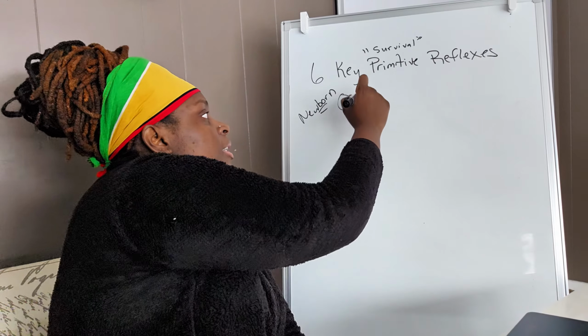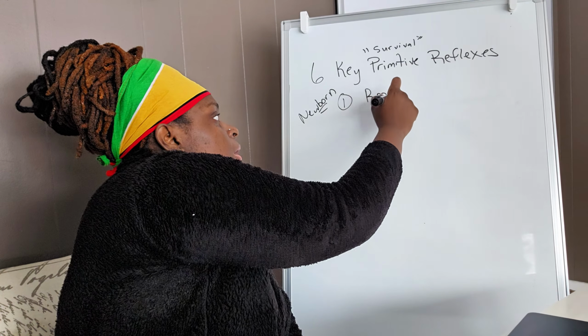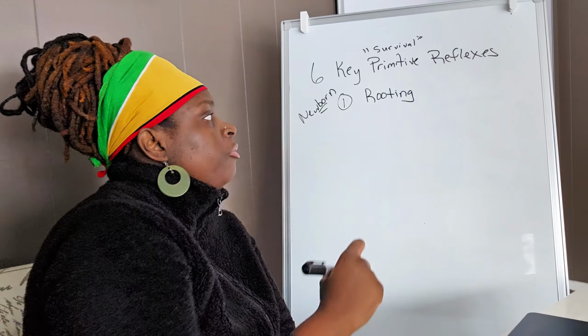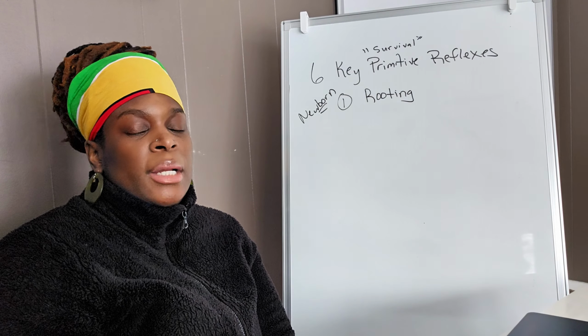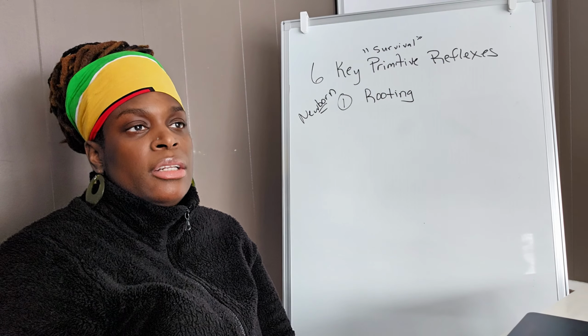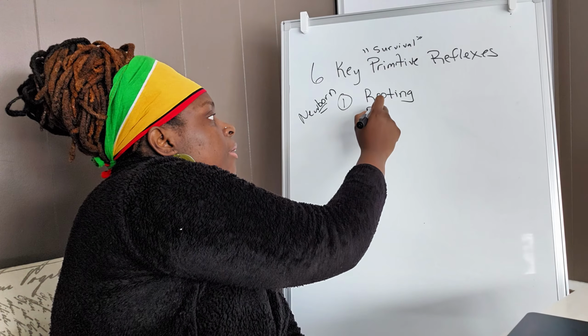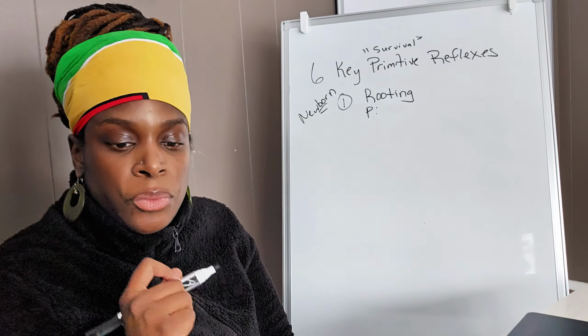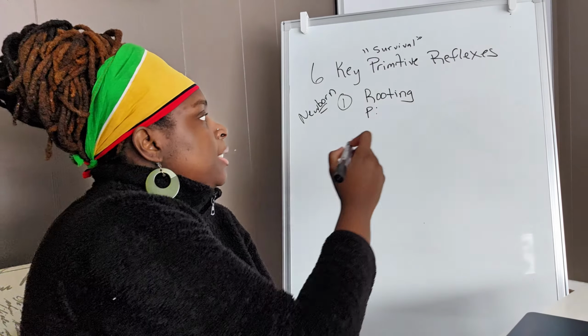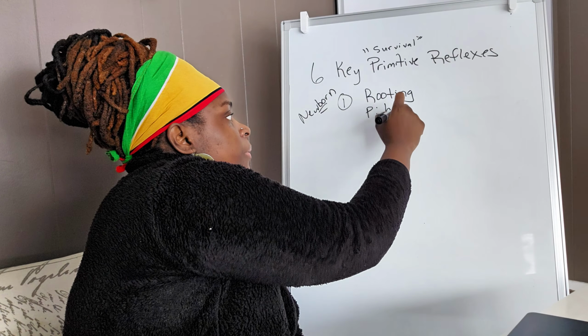So the first one is going to be rooting. Now, rooting is a very important reflex. I'm going to mention that P equals purpose. So the purpose of rooting is that it helps the baby find food.